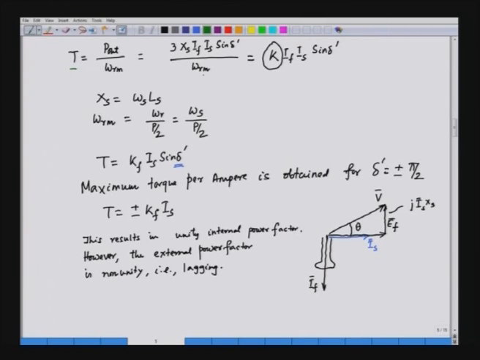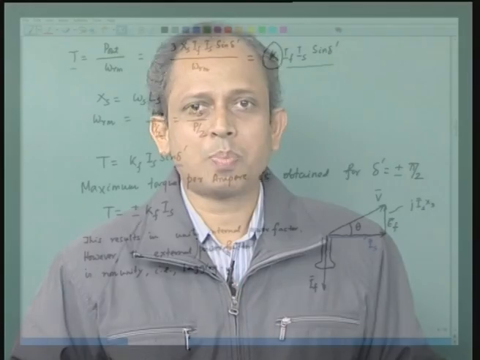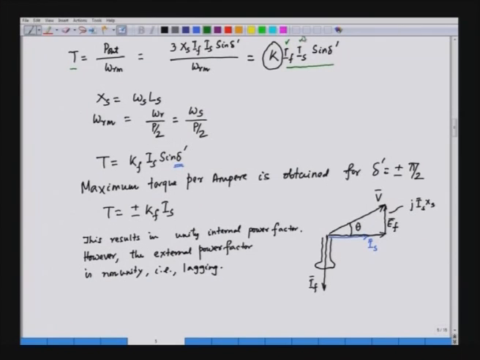If we divide, we get an expression k, a constant, times IF times IS times sine of delta prime. So, the torque is proportional to sine of delta prime, and also proportional to IF and IS.